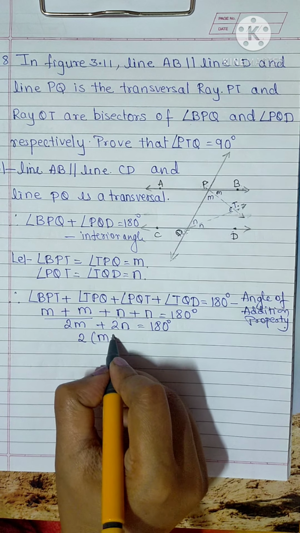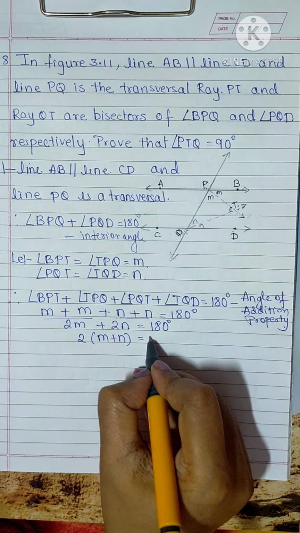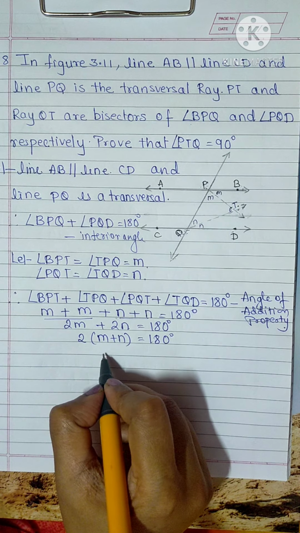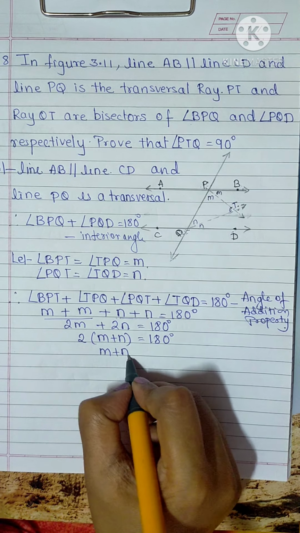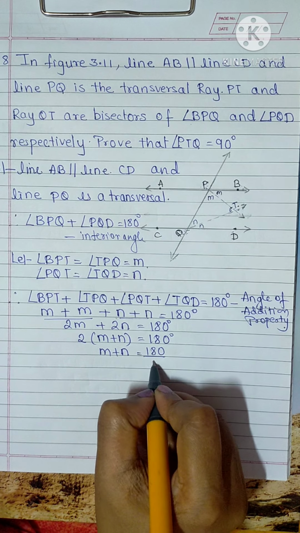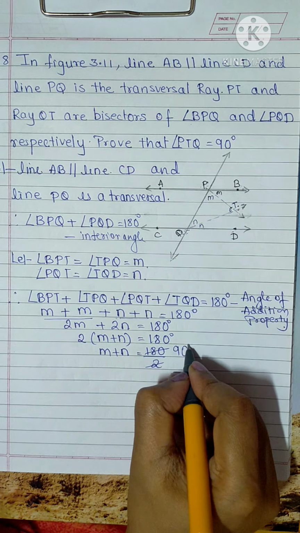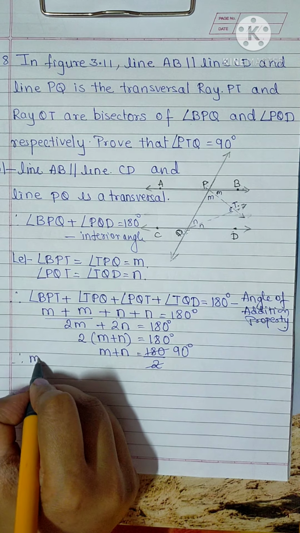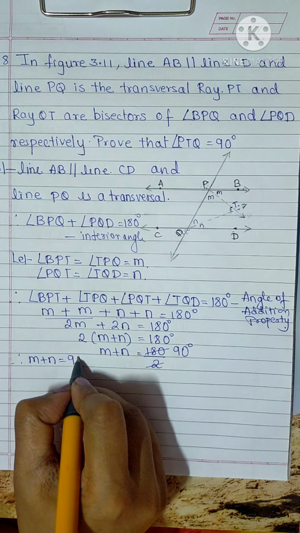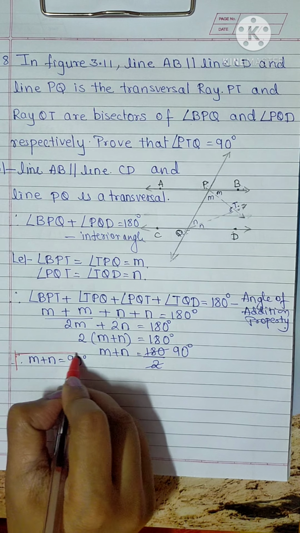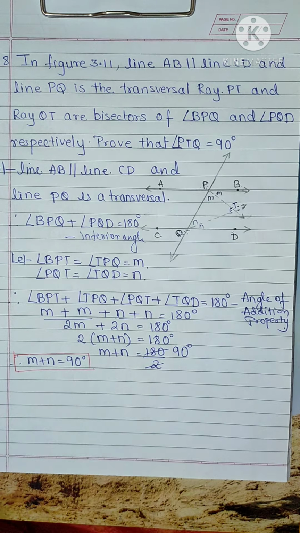M plus N inside the bracket equal to 180 degrees. Now M plus N is equal to 180 upon 2. After dividing, we'll get 90 degrees. So therefore M plus N is equal to 90 degrees. Here we got the value of M plus N as 90 degrees.